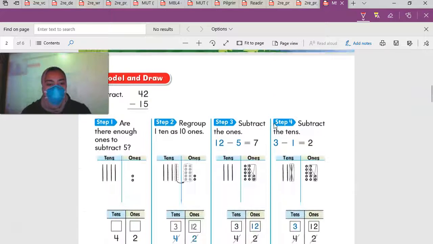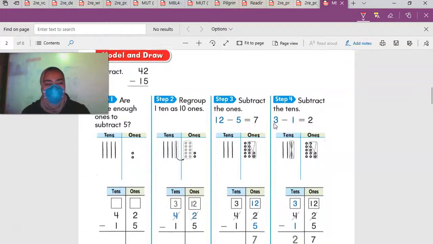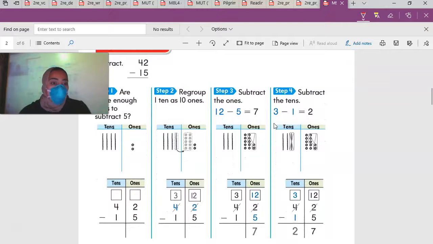Okay, let's keep going. Subtract 42 take away 15. They're going to show us how to do it with blocks, and how to do it elevator escalator. So are there enough ones to subtract 5? Let's see. 42, take away 15. I have 4 tens and 2 ones. I have to take away 15. So you're taking away 1 ten and 5 ones. I don't have enough ones to take away.